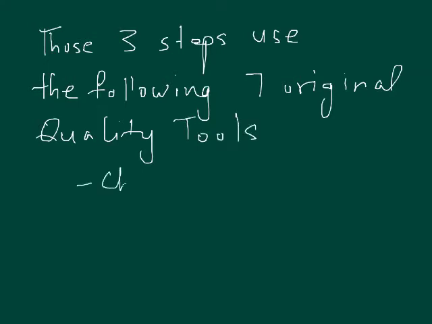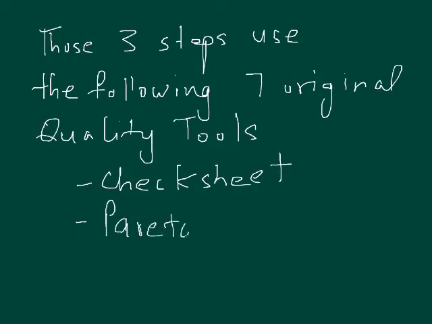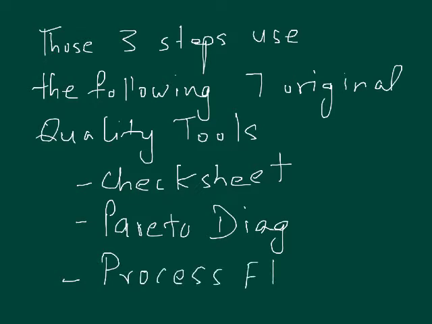Number 1 is check sheets for any counting or any rejects that you need to track. Number 2, you can Pareto the issues. Number 3 is draw a process flow diagram.